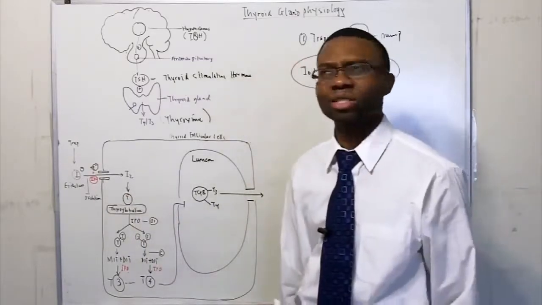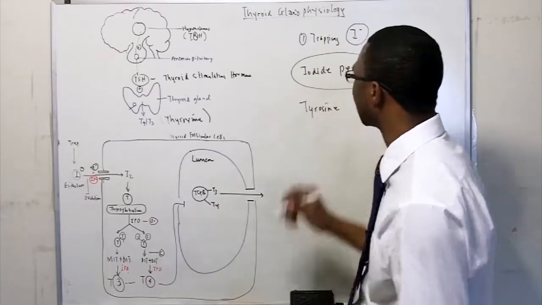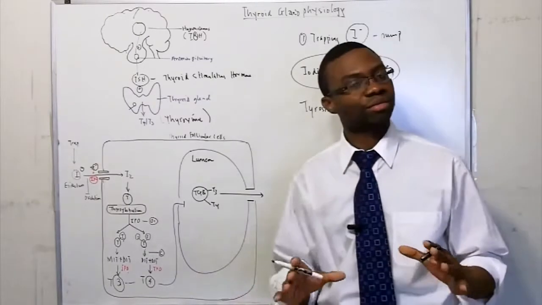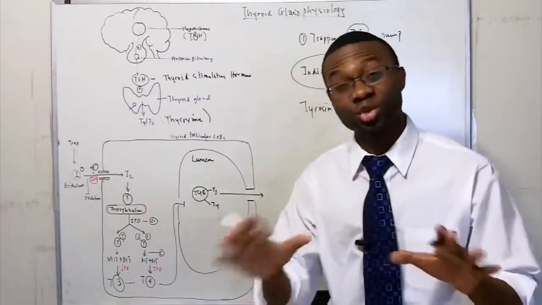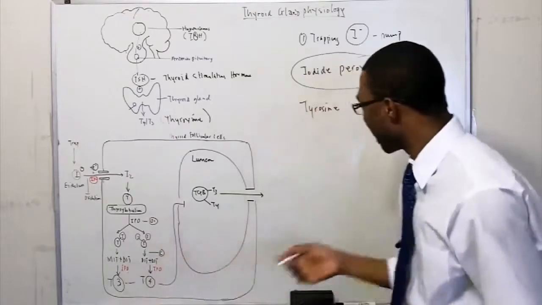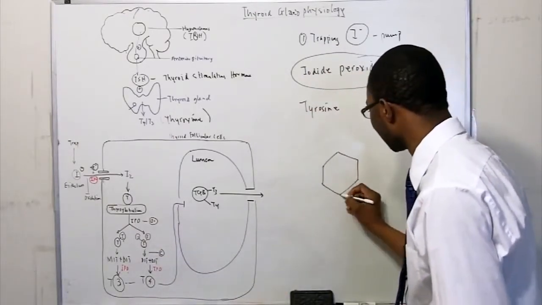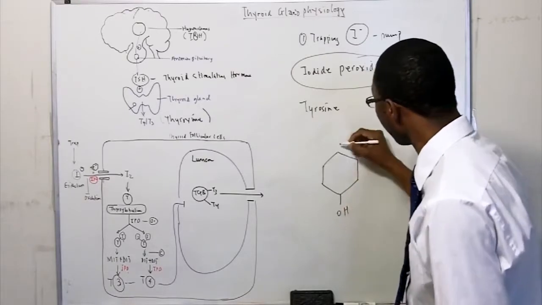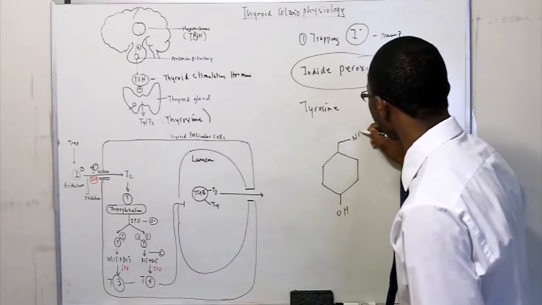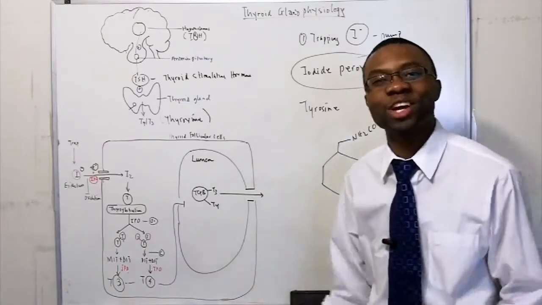T is thyroxine. What is tyrosine? Tyrosine is an amino acid. Now, I might not necessarily get the structure of tyrosine right because I don't care. It's something that looks similar to this. This is not necessarily the structure of tyrosine, but it doesn't matter what the structure is.